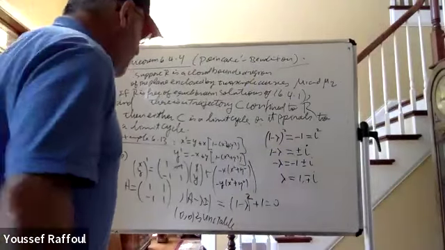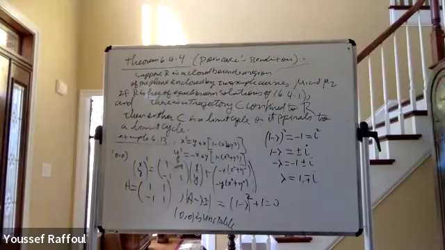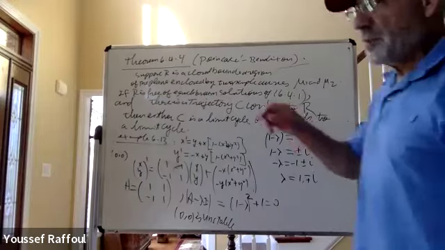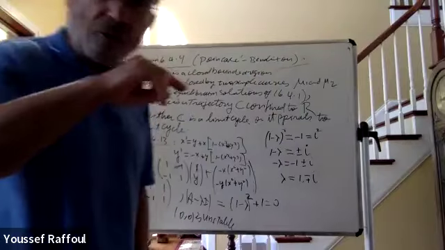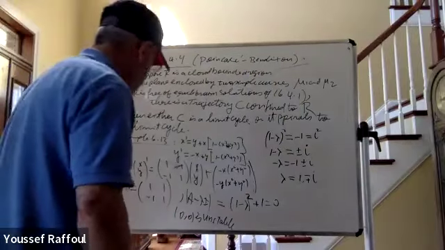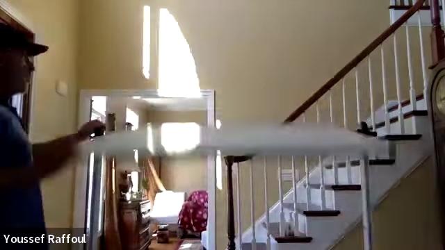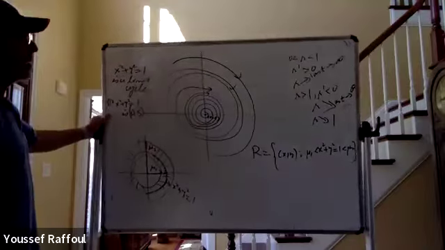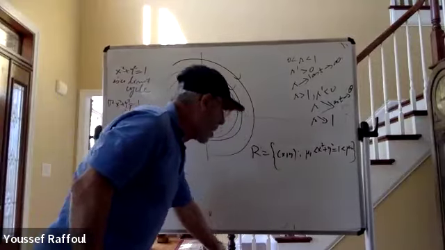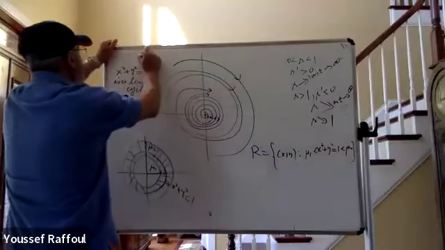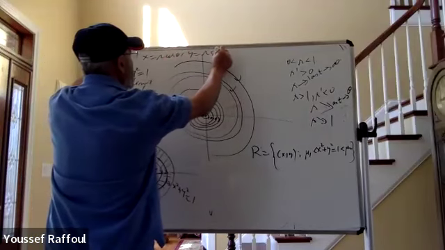But then we said we're going to dig deeply into the system and see, if the origin is not stable, that it's a repeller, where do solutions go? So I looked at x equals r cosine theta, y equals r sine theta.